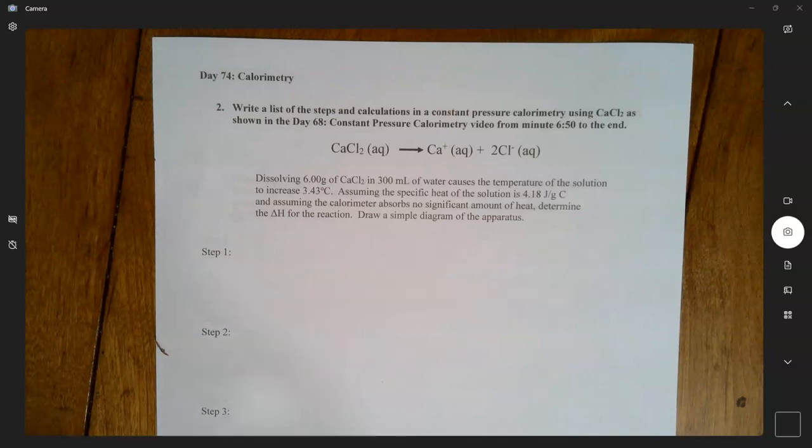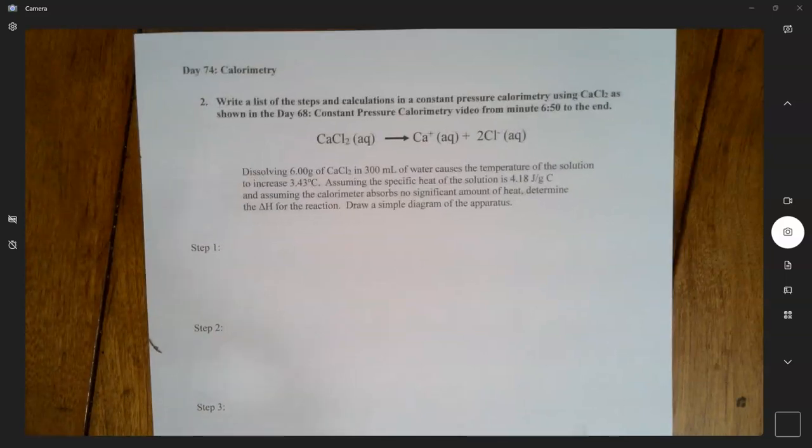That causes a temperature increase. The temperature goes up, and then using that temperature and the mass of the water and solution, that's the water and calcium chloride, and the specific heat of water, which we use to approximate the specific heat of the solution, that will give you the Q, the heat that's going into the solution.